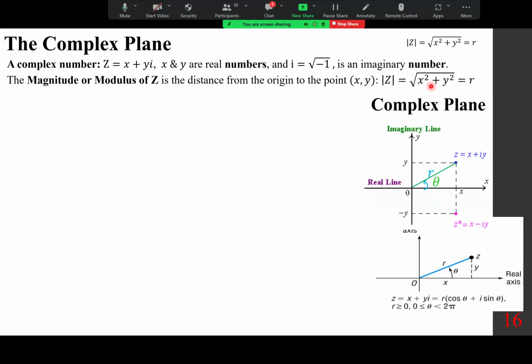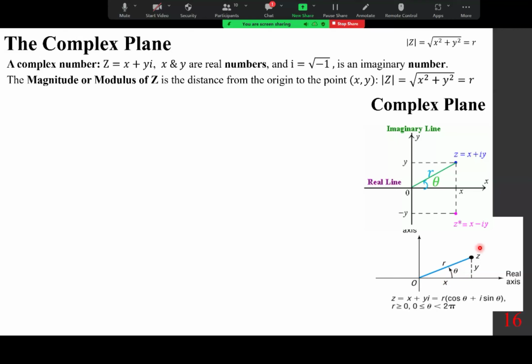If you were to look at the concept of a complex plane, they go with the x-axis and they call it the real axis. They go with the y-axis and they call it the imaginary axis. This angle is theta. This distance is the modulus of z, or the magnitude, which is r, and it follows that it's the square root of x squared plus y squared.